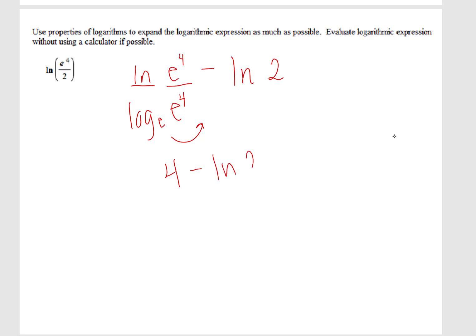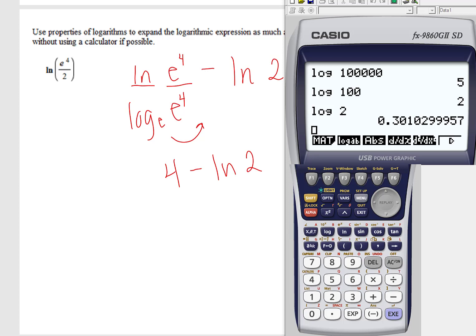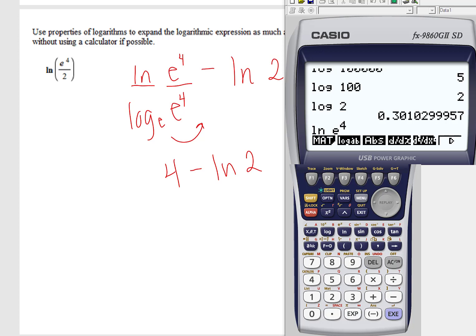Now, if you're like, no, not right, watch. If I have ln of e to the 4th, you automatically get the exponent.